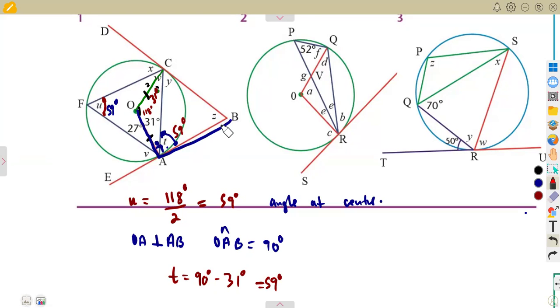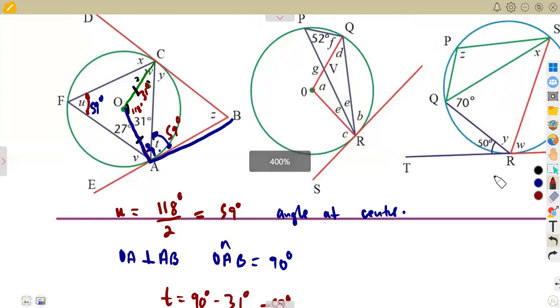Remember, we talked of the tangents also that are being drawn from the same point to the circumference of a circle. They are drawn from point B to the circumference at C and also at A. So it follows that AB is going to be equal to BC. These two lines are equal in length. Remember, I explained that. So if they are equal, it also follows that the angles that are opposite to these sides are equal.